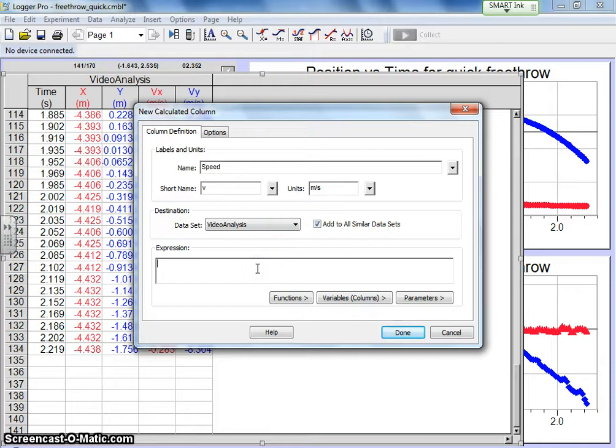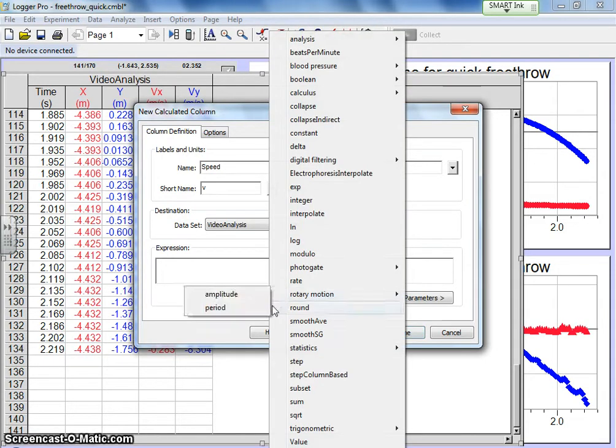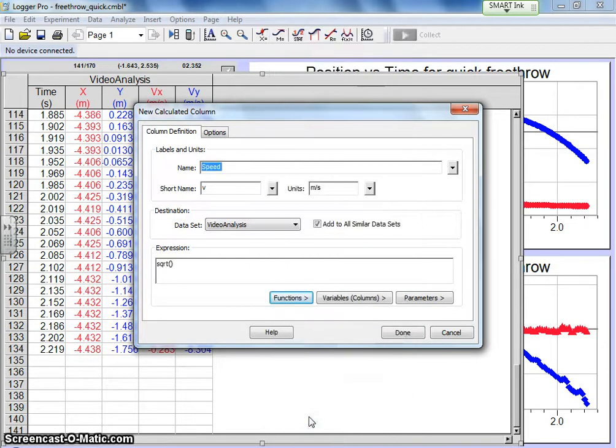The equation that we're going to need is the square root. So you come down here to the functions, and this is the square root, SQRT. It already gives me a parenthesis. And I want to take my x velocity, and I'm going to use the caret with the number 2 to square it, and then the plus sign, and I also need my y velocity.